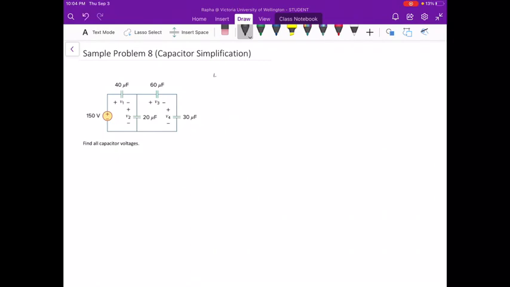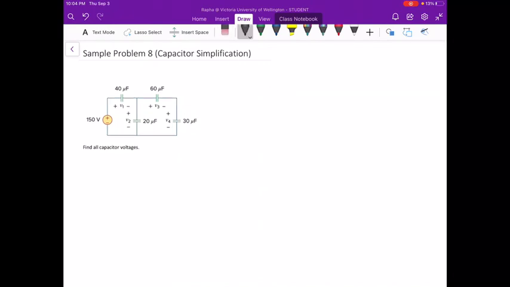The first thing that we will do is to find the equivalent capacitances, which we will represent as CEQ. Let me move that over here. We have to find the equivalent capacitance. So from this diagram we can easily simplify this first.